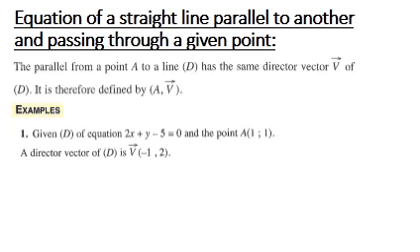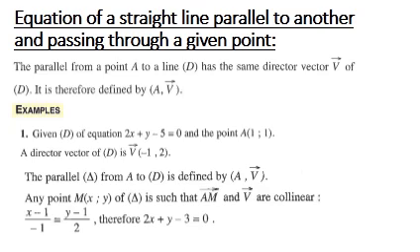You should know that if two lines are parallel, then they have the same director vector v. So again, if two straight lines are parallel, they have the same director vector v. The first step is to pick out the directing vector of the straight line D, which is (-1, 2). Then, as we learned, we express the vector AM, where M belongs to the straight line, and vector v.